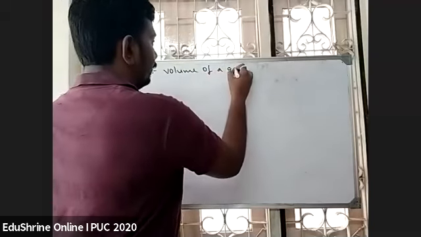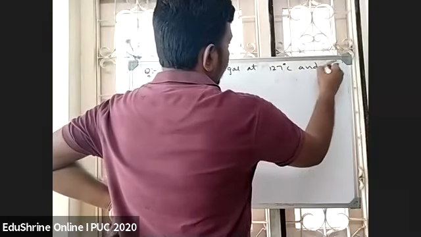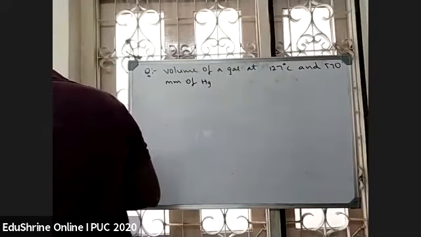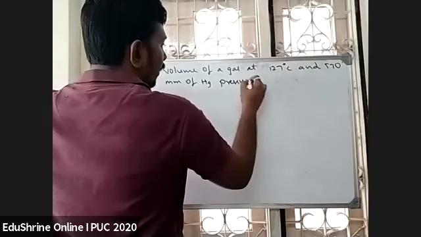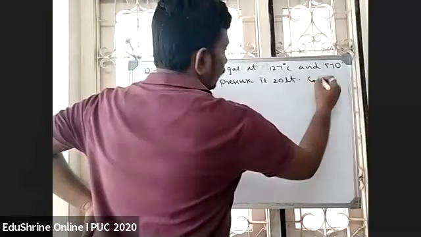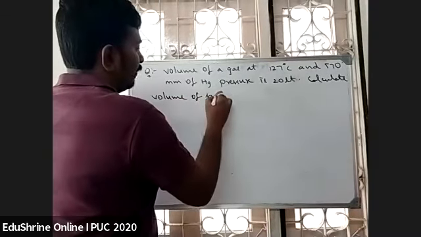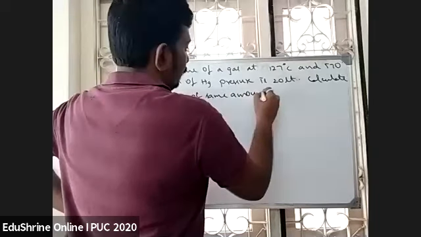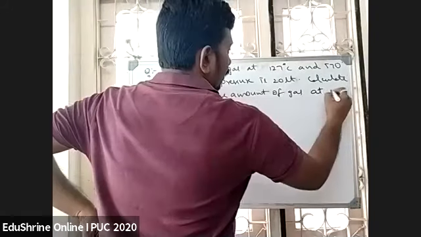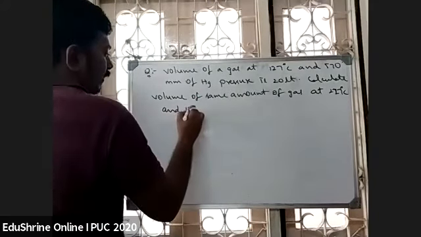Volume of a gas at 127 degrees centigrade and 570 mm of mercury pressure is 20 liters. Calculate volume of same amount of gas at 227 degrees centigrade and 1140 torr.